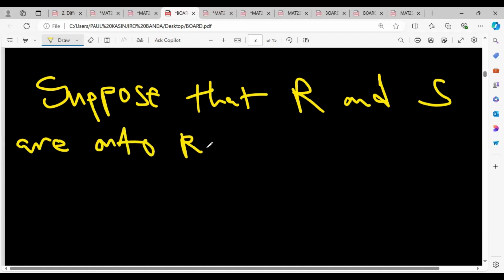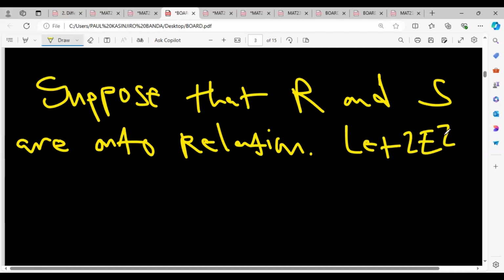If R and S are onto relations, then by definition the following is going to be true. Let an arbitrary element Z be a member of the set Z, and we know that this set Z is present in the relation R, according to what we chose our mappings to be.